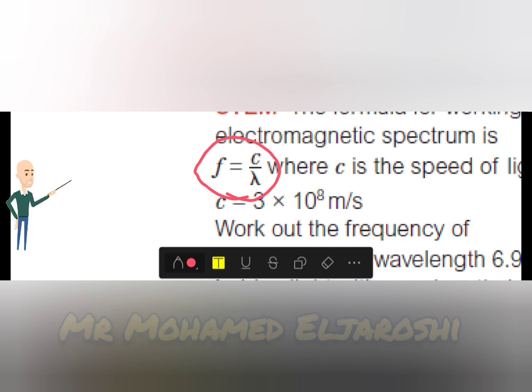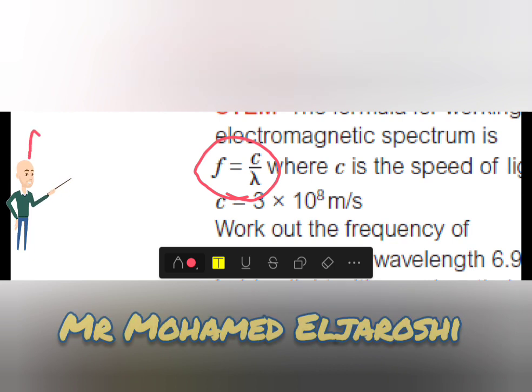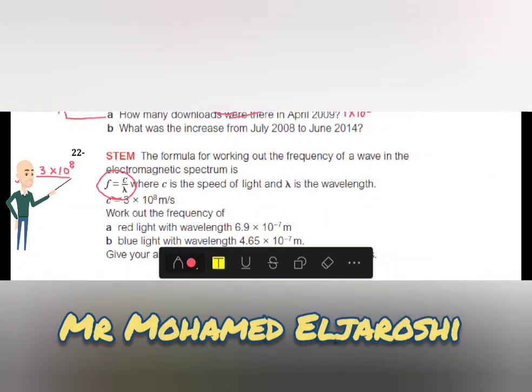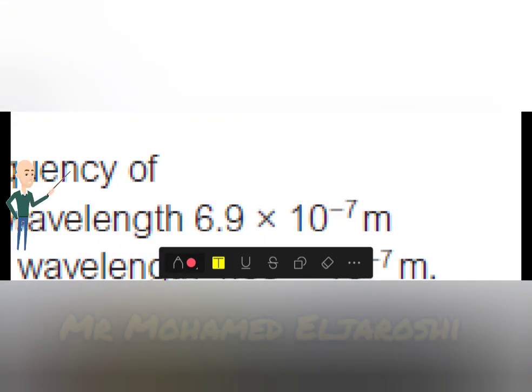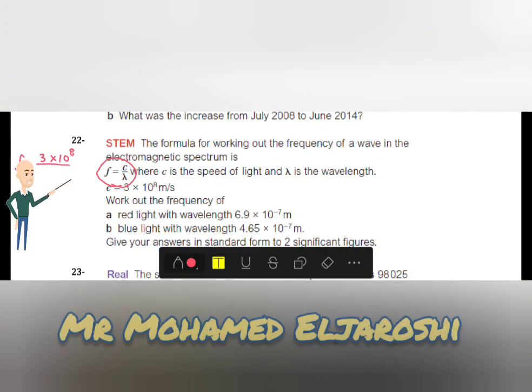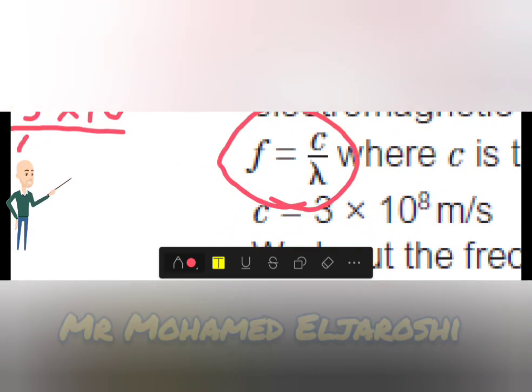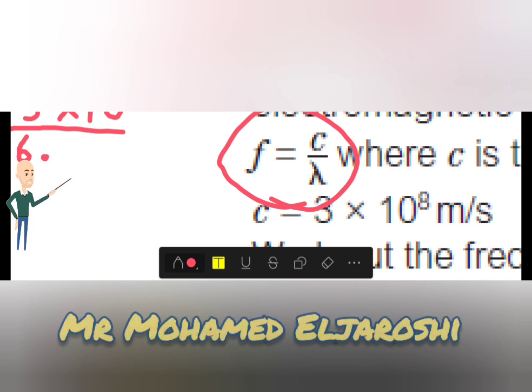So, the frequency equals the speed, which is 3 multiplied by 10 power of 8, divided by the wavelength, and the wavelength is this one, 6.9 multiplied by 10 power of negative 7.